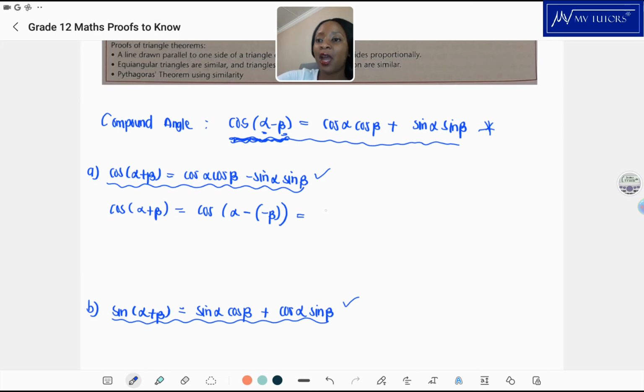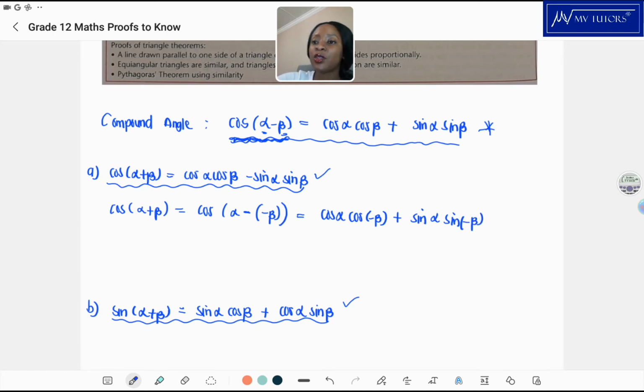Then I will have cos alpha as well as cos negative beta, and that negative there will then become a plus sine alpha as well as sine negative beta.